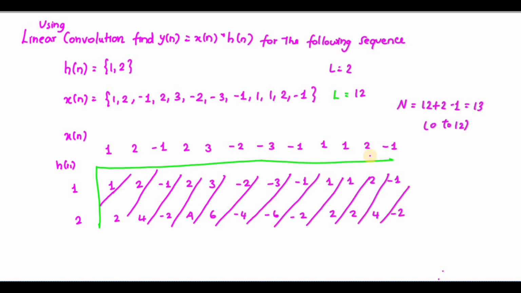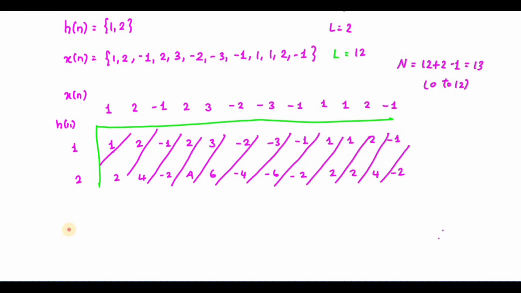So I can write my y of n value is equal to 1, then 2 plus 2 is 4, 4 minus 1 is 3, and this is 0, and this is 7, and this is 4, and this is minus 7, and this is also minus 7, and this is minus 1, and this is 3, 4, no, 3, then minus 2.